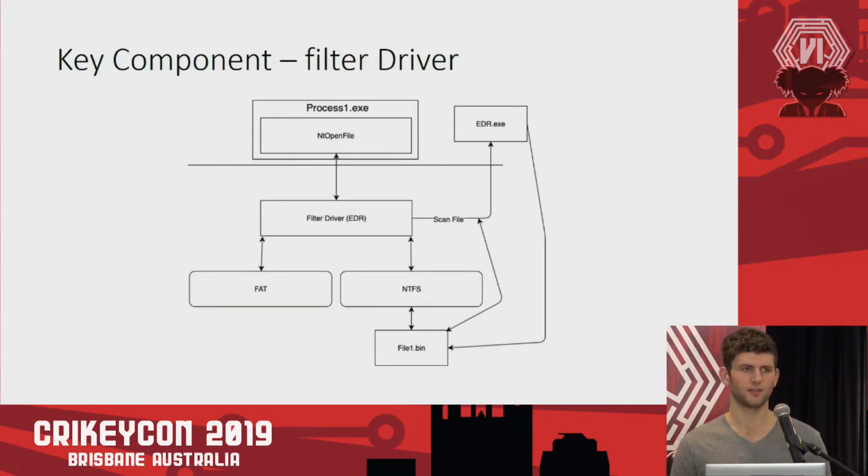Anything to do with file system stuff, generally creating files, reading files, deleting files, will go through the EDR's filter driver. And that will be the point where it's like, okay, do I want this operation to succeed or not? And it can determine that before it passes it off to the operating system's NTFS driver to actually start reading in the file.